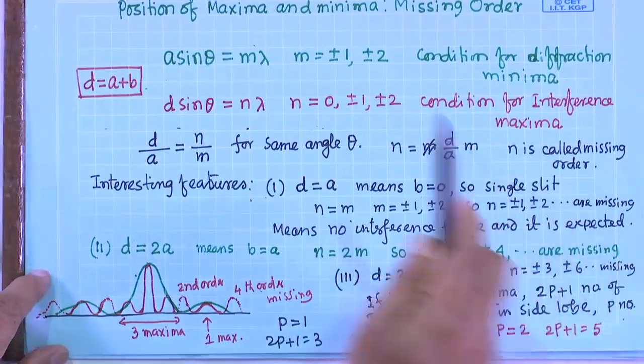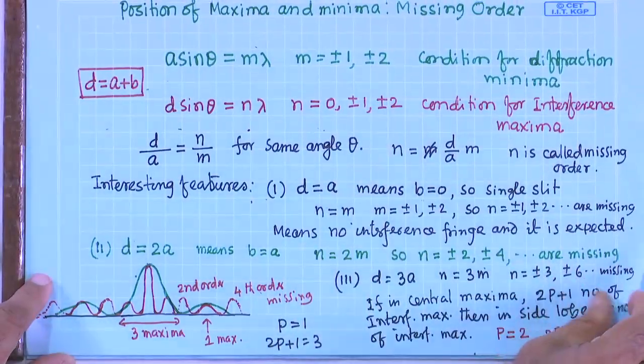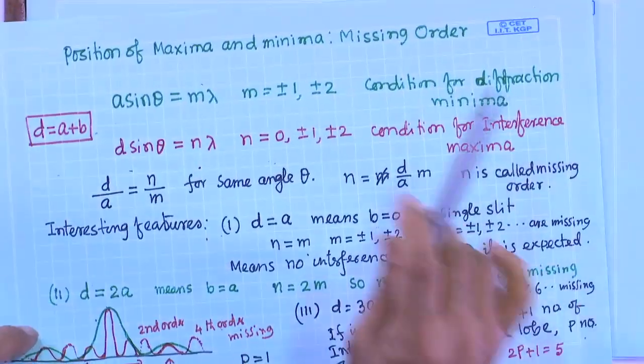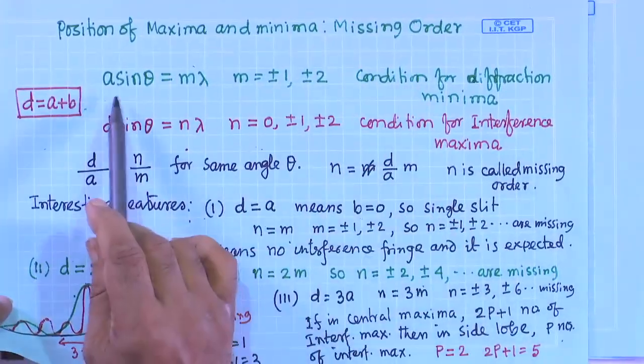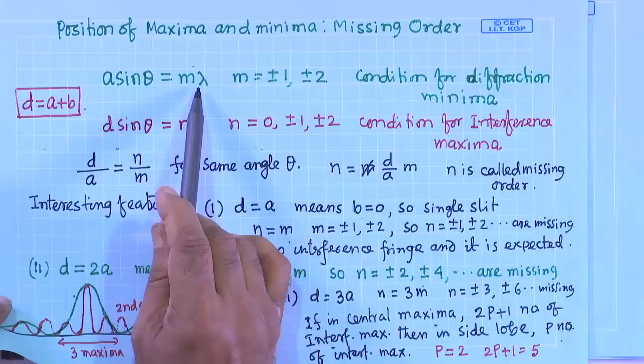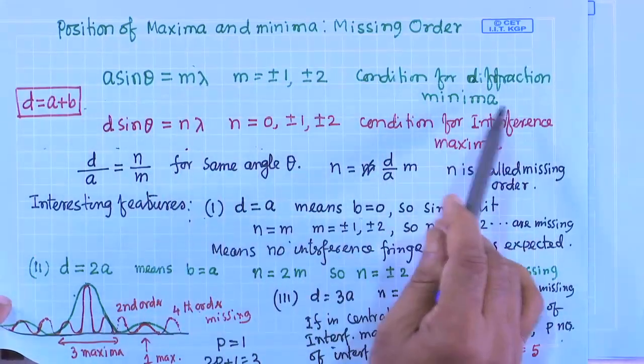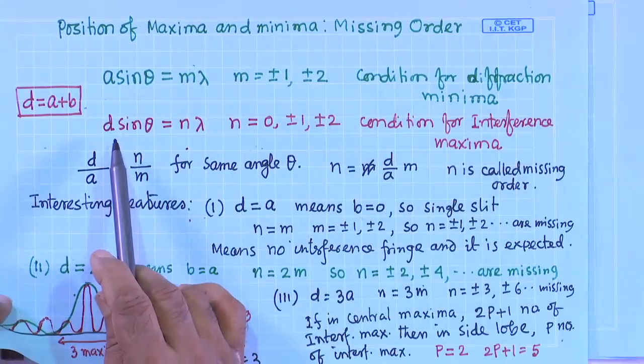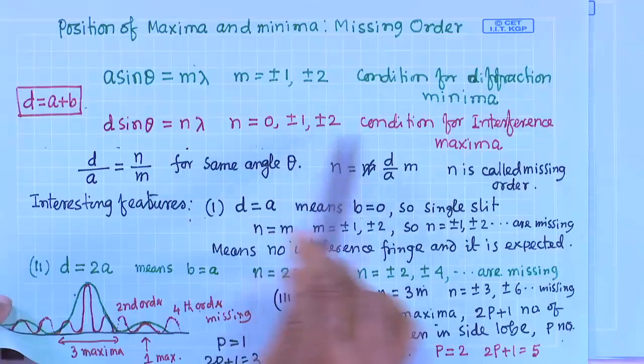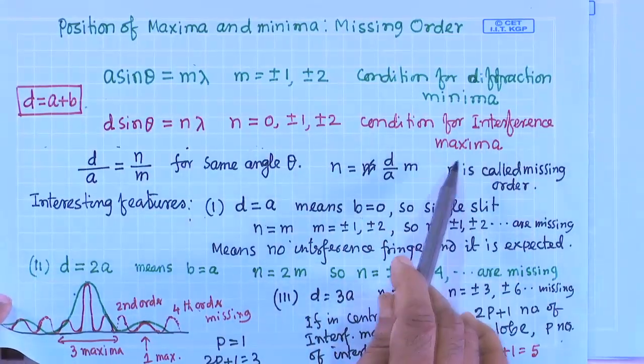So, if we consider the position of maxima and minima, we can get the concept of missing order. So, a sin theta equal to m lambda, condition for diffraction minima, d sin theta equal to n lambda, condition for the interference maxima.